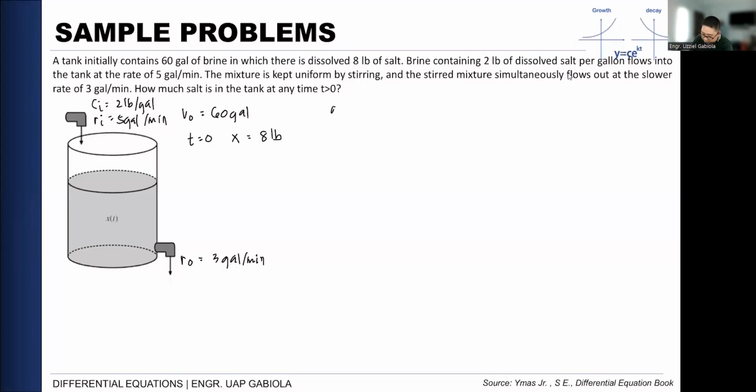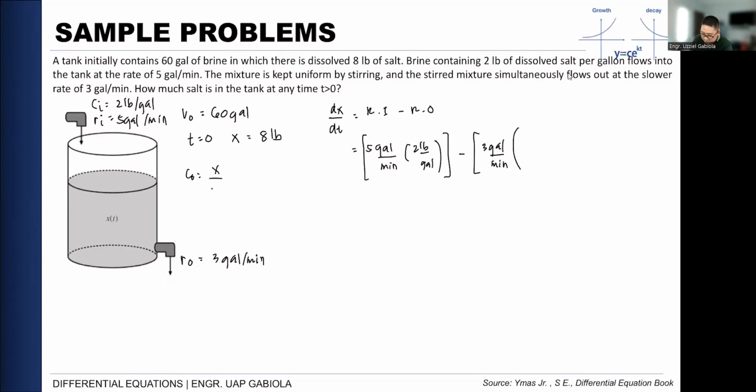So, formula natin, dx over dt equals to rate in minus rate out. Okay? So, diretso natin dito. Yung rate in natin is 5 gallon per minute times 2 pound per gallon. Okay? Yan yung rate in natin. Minus, rate out, 3 gallons per minute multiplied by yung Co natin na equal sa x over V, or x over V0 plus Ri minus Ro t.